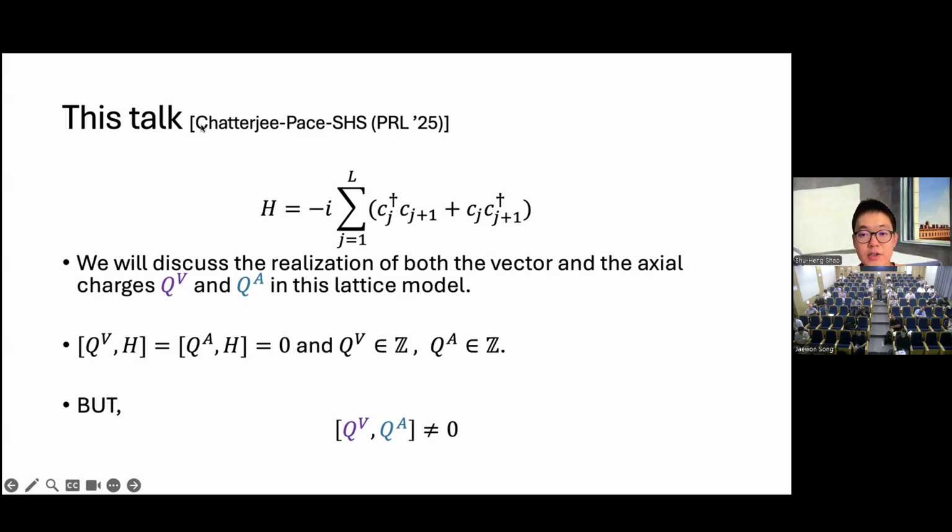Namely, their associated unitary operator will map a local operator to a local operator. But beyond QV and QA, there are also some other locality preserving conserved charges, and we will run into some of them later on. So the short answer is no. These are not the only conserved quantities of the Hamiltonian.